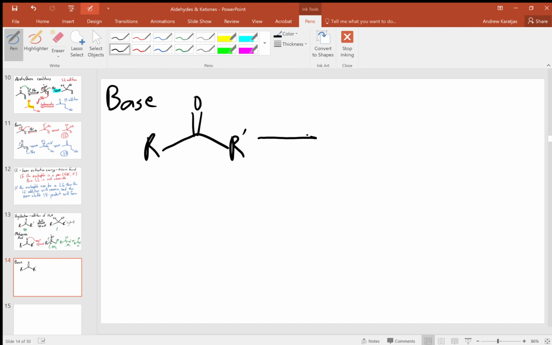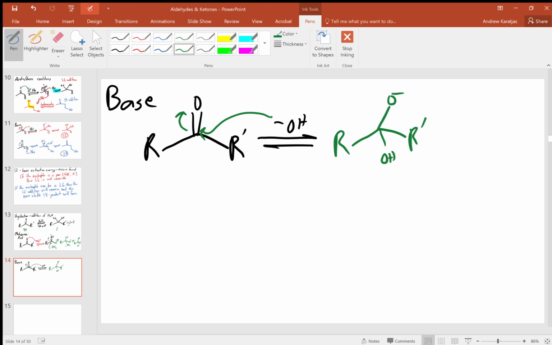And so because we're dealing with hydroxide instead of water, we don't need to activate the carbonyl as we did under acidic conditions. So the hydroxide will just attack the carbonyl itself, and then that O- can pick up a hydrogen, getting us to the same product.